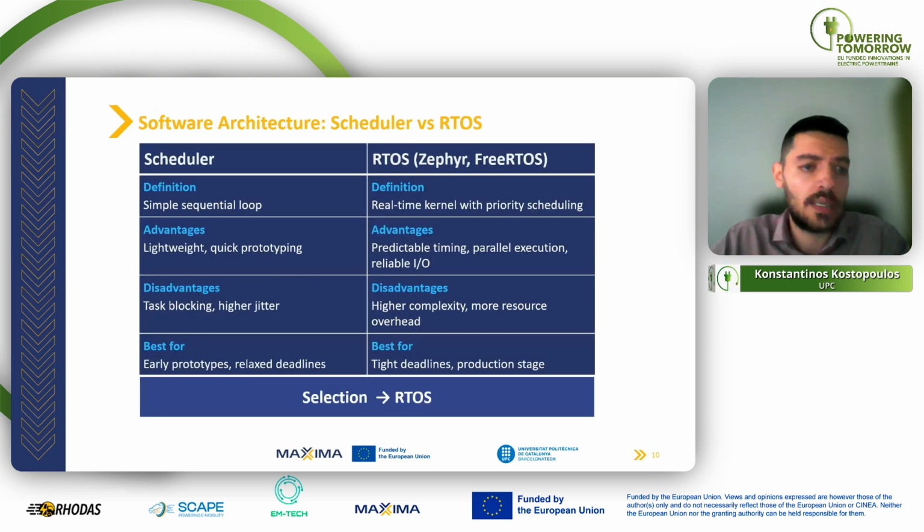So now, from the aspect of the software architecture, I want to tell you some words about the 2 possibilities that we have. First of all, we have the scheduler. A scheduler is basically a simple sequential loop where tasks execute one after another in a specific order, let's say.